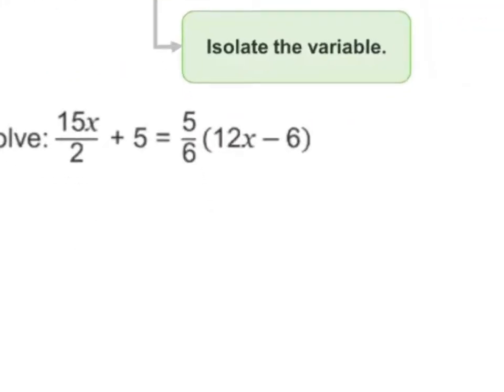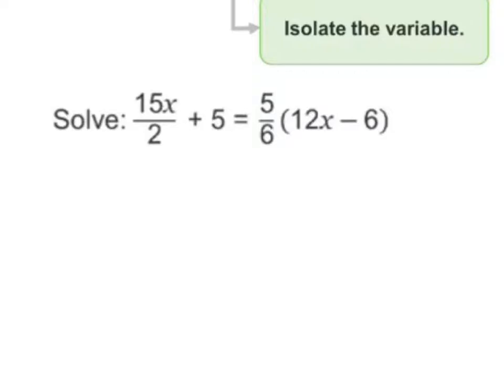We've got this problem here, and this one is 15x over 2 plus 5 is equal to 5/6 times 12x minus 6. The first thing I notice is that I have a number that I am multiplying on the outside of the parentheses of this term here, 12x minus 6.